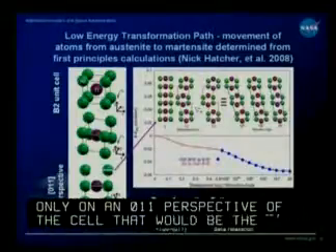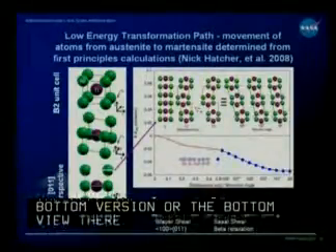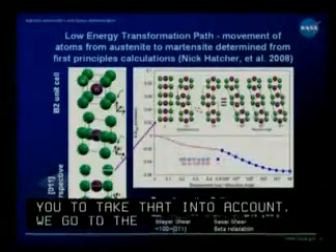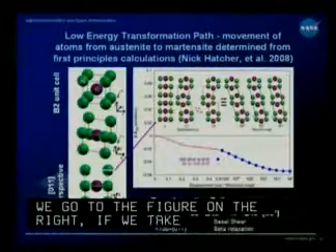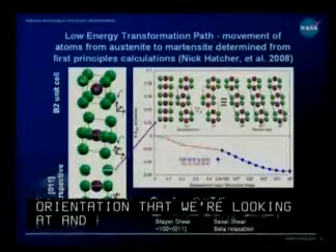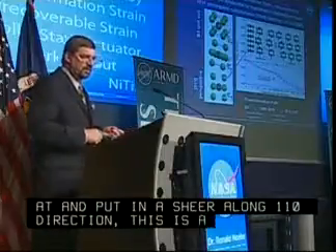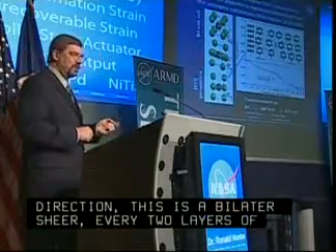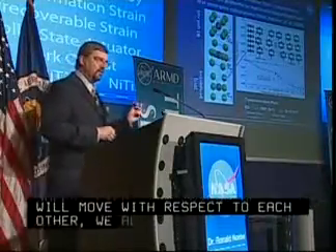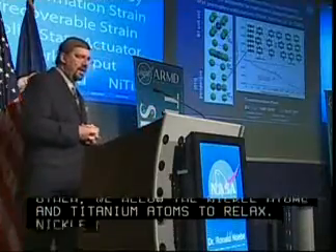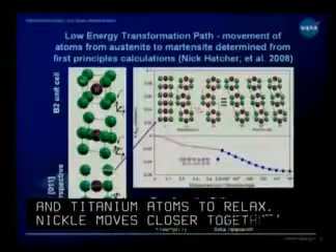You really have 2 layers of atoms, so you have to take that into account. We go to the figure on the right. If we take that orientation that we're looking at and put in a shear along 100 directions, and this is a bilayer shear, so every 2 layers of atoms will move with respect to each other. And we allow the nickel atoms and titanium atoms to relax. Nickel move closer together, the titanium atoms will move apart. And we continue that shear to about a half of an atom spacing.